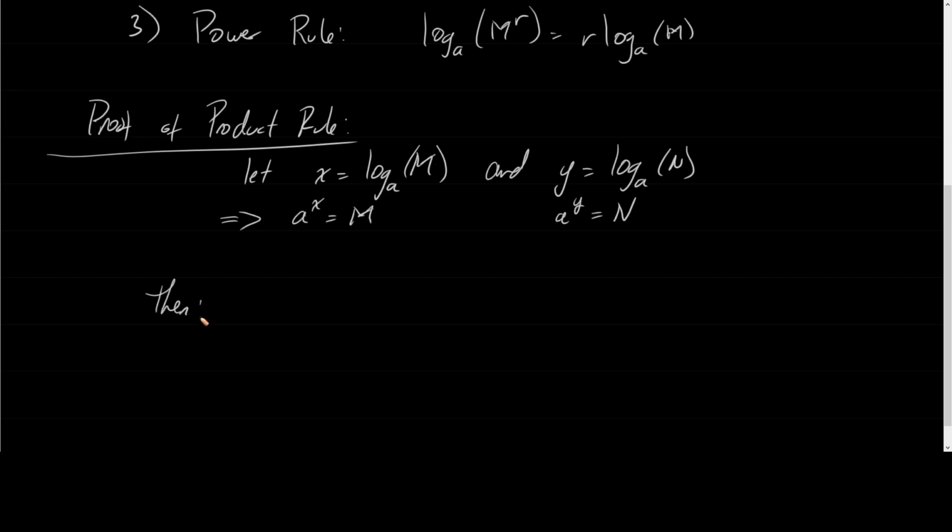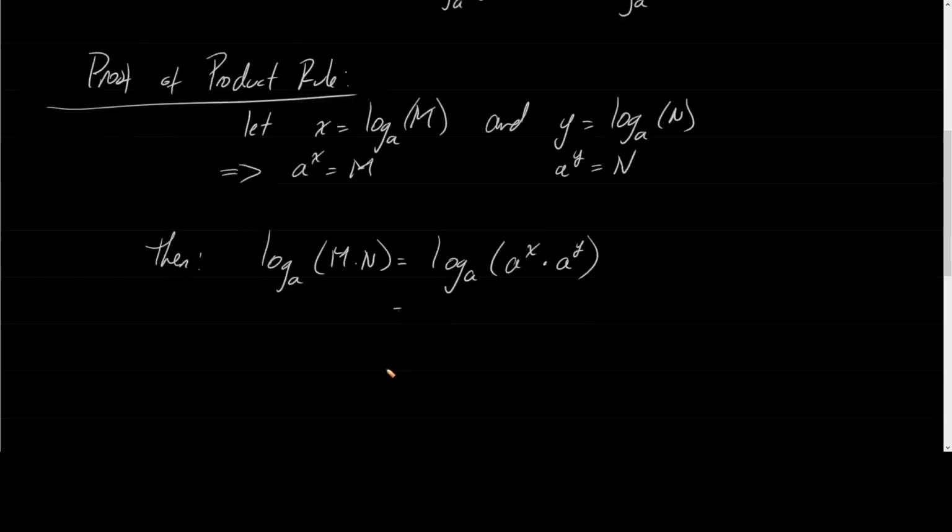What would that tell us? If I have log base a of m times n, this would be log base a of a to the x times a to the y.